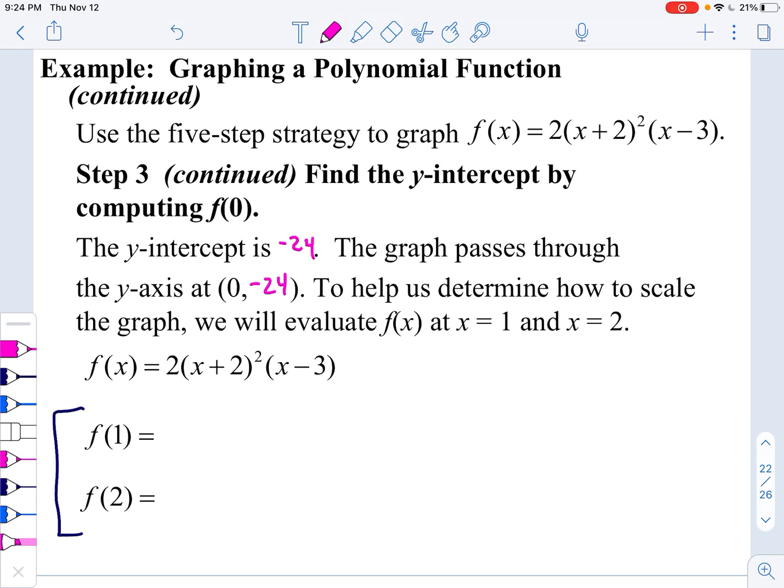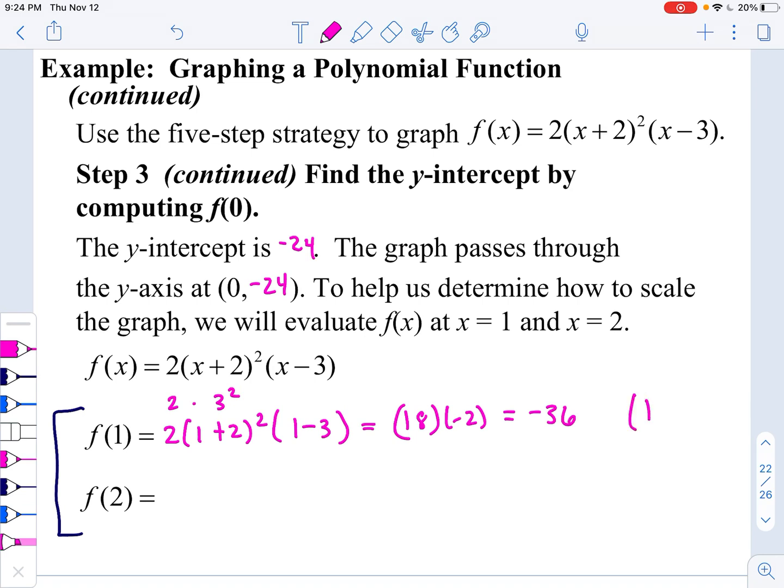So if we plug in 1, we have 2 times (1 plus 2) squared times (1 minus 3). 1 plus 2 is 3, so 3 squared gives us 9. 9 times 2 is 18. 18 multiplied by (1 minus 3), which is -2, gives us -36.